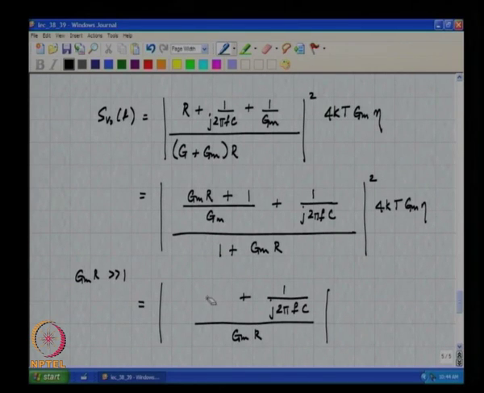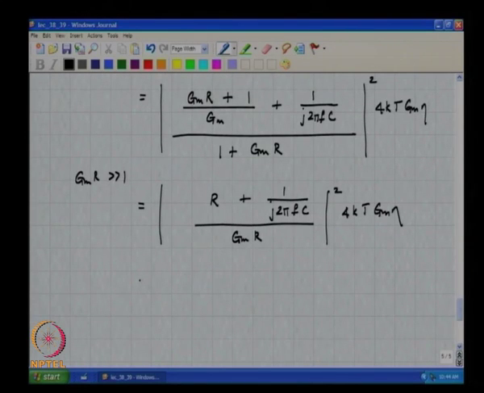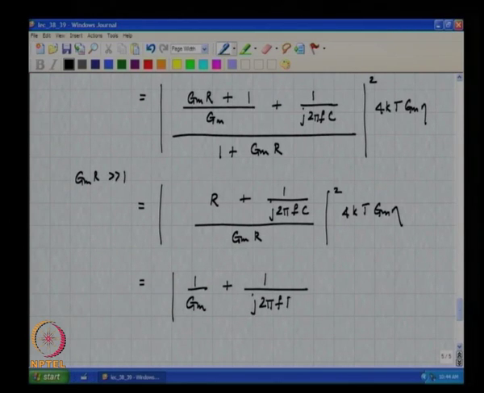I am sorry, this is R, whole square divided by 4 kT eta Gm, which can therefore be written as 1 by Gm plus 1 over J 2 pi f R C times Gm whole square into 4 kT Gm times eta.